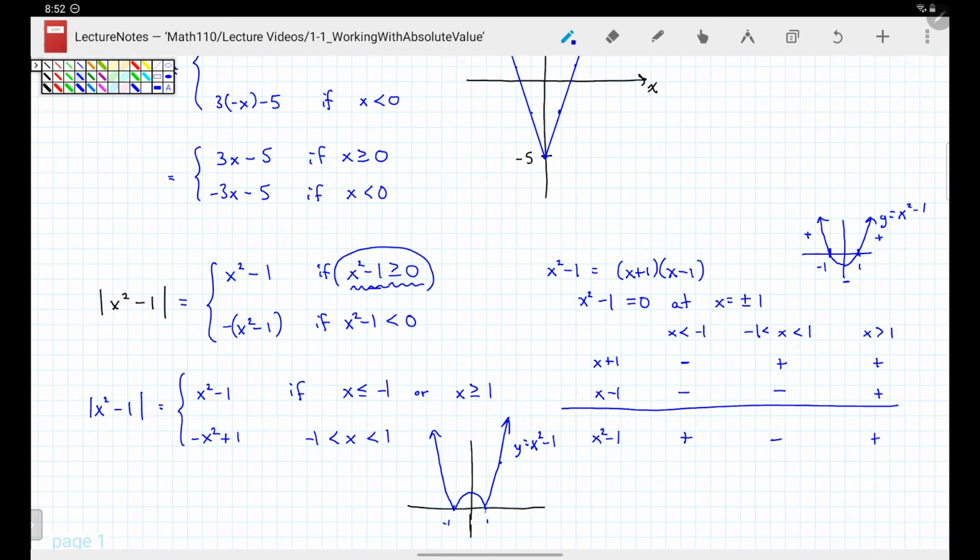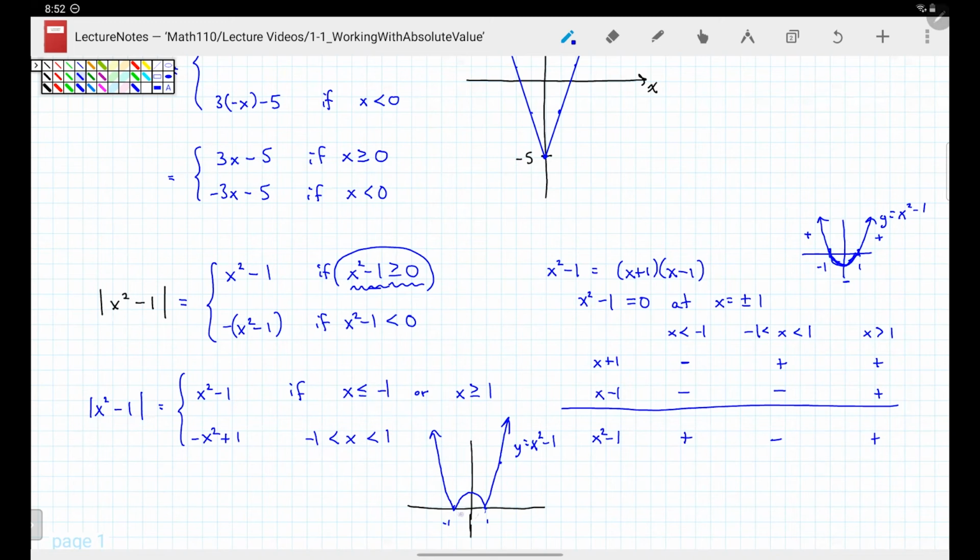All right, and if you think about why this would happen, another way to reason this is here is the graph of y equals x squared minus 1. And basically what we're doing is we're going to take all of those negative y values and flip them up and take their opposites.